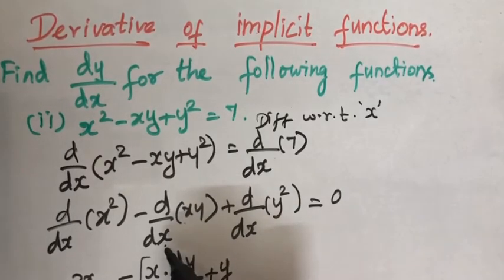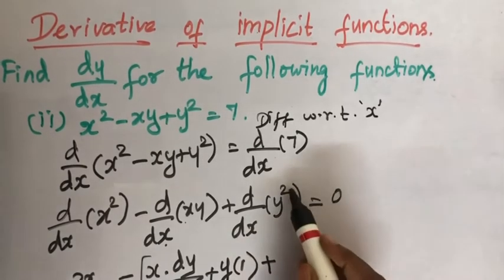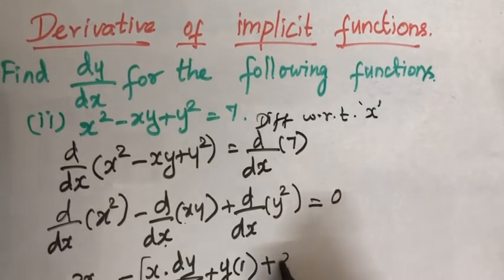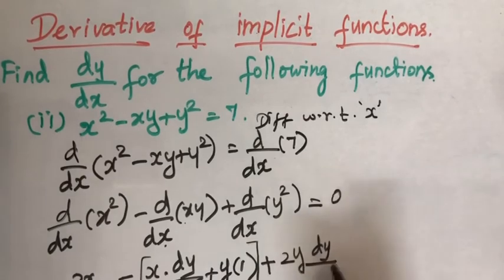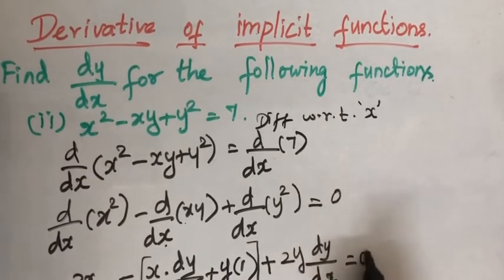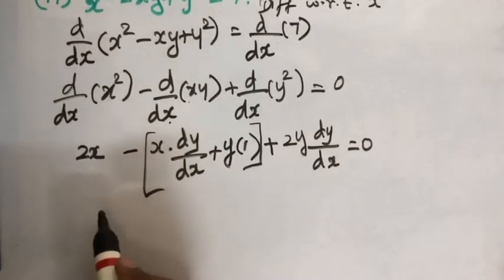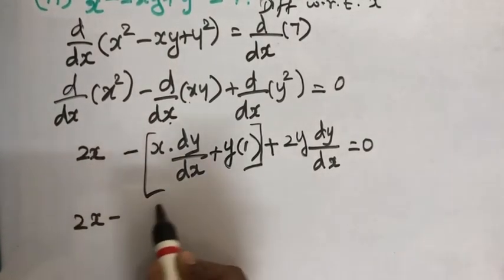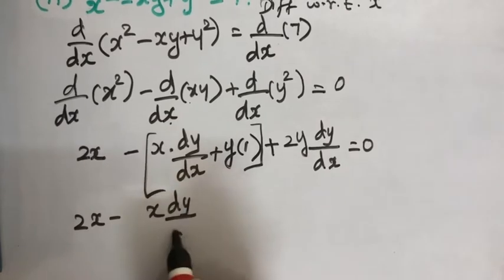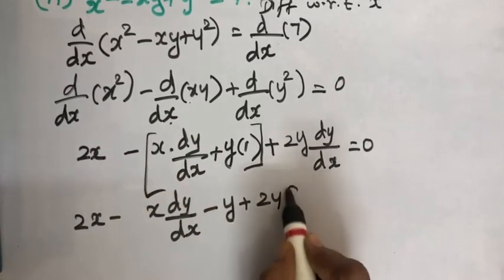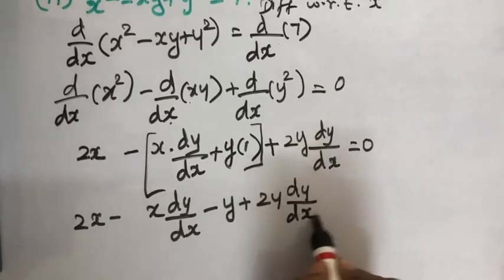With respect to x, if I differentiate, it will become 1, plus now we have to differentiate y square. So, y square will become 2y into dy by dx is equal to 0. So, 2x minus x dy by dx minus y plus 2y dy by dx is equal to 0.